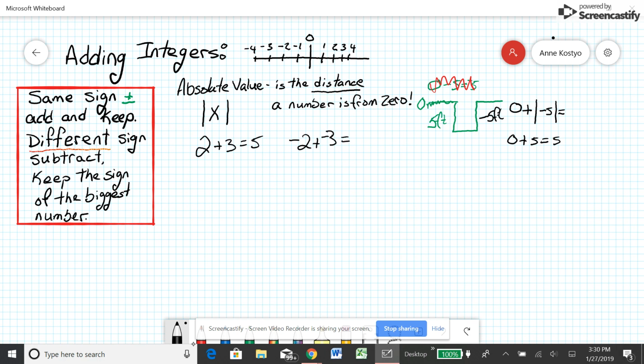Well, that looks a little trickier because we've thrown in some negative signs. We know with 2 plus 3, we are starting at 2 and moving over 3 places to the right on the number line.